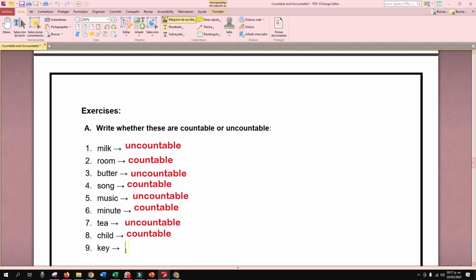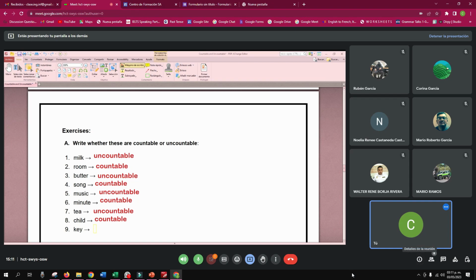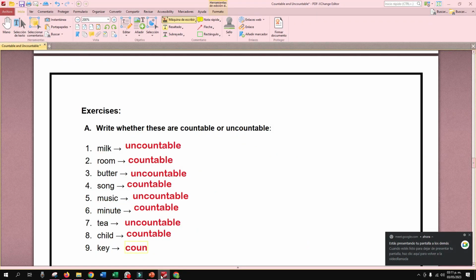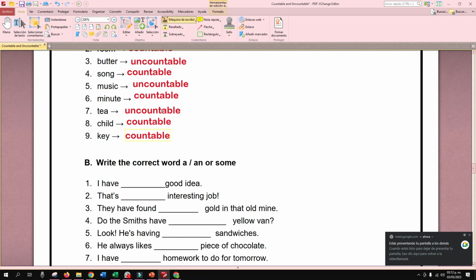One key, two keys. Countable or uncountable? You know key, right? Llave? Uncountable. Yes, that is not uncountable, Mr. Mario. Because you have one key, two, three keys, right? So keys is countable, mister. Okay, excellent.